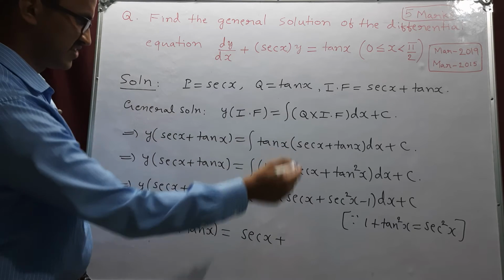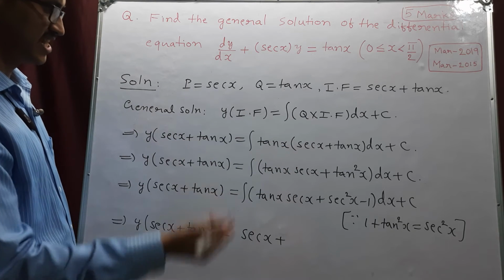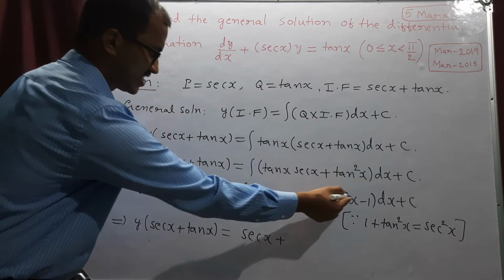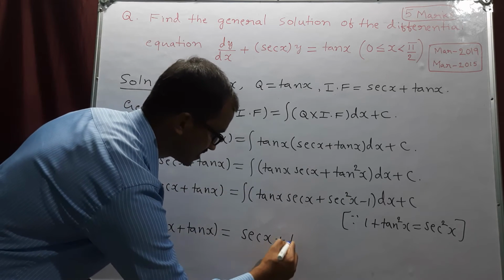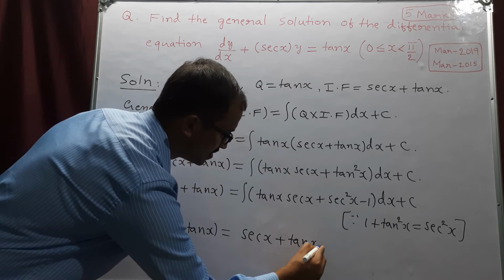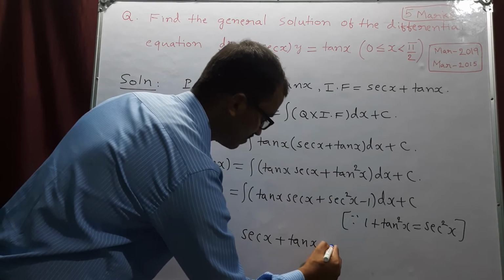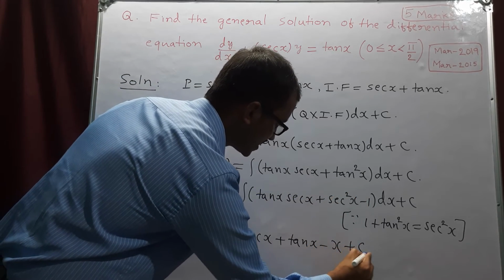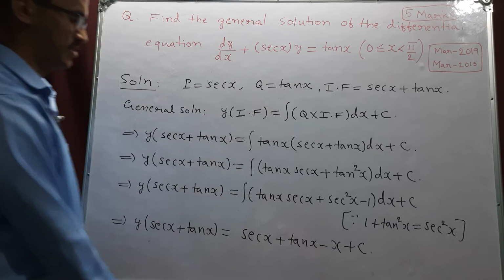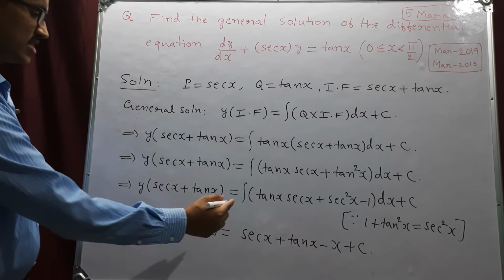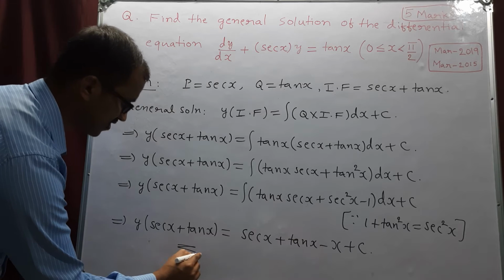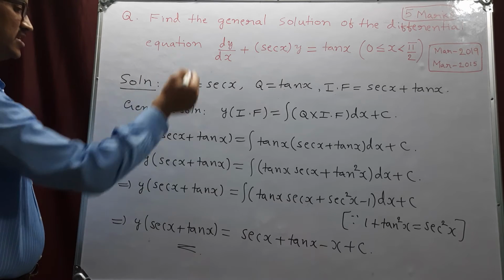We know that the differentiation of tan x is secant square x, so the integration of secant square x becomes tan x, minus integration of 1. Integration of 1 becomes x, plus the integrating constant. So this is the required solution of the given differential equation.